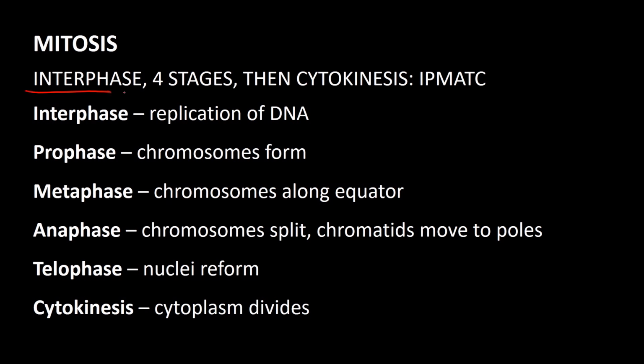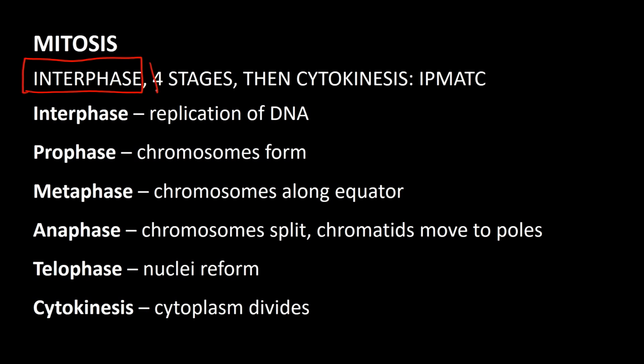Okay, so we start off with interphase, which is the resting phase. In some literature, they will say interphase is part of mitosis. Others say interphase is between mitotic divisions. Then we have the 4 stages of mitosis itself, which is the division of the nucleus.